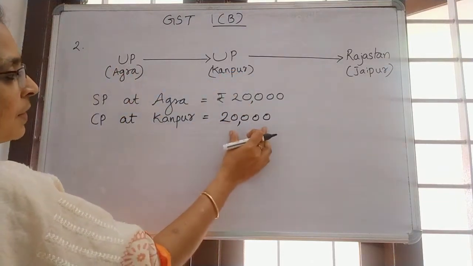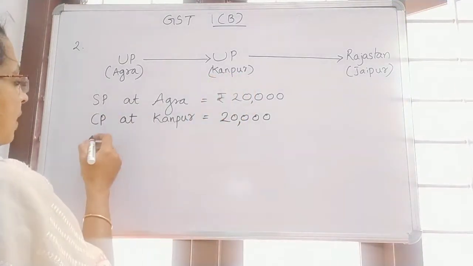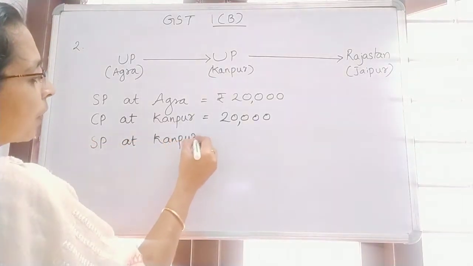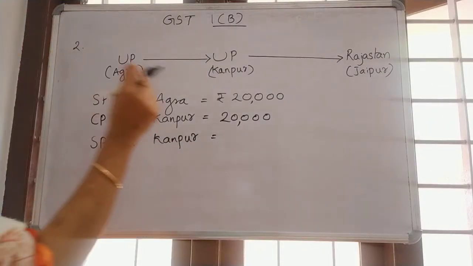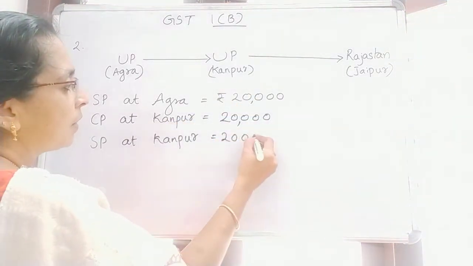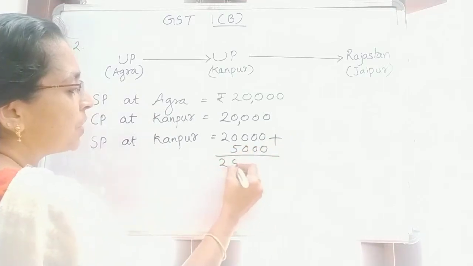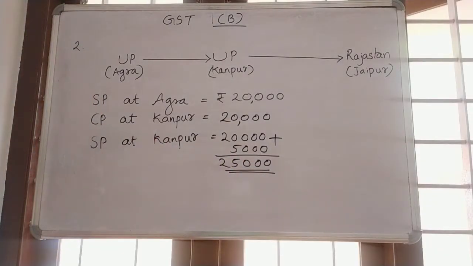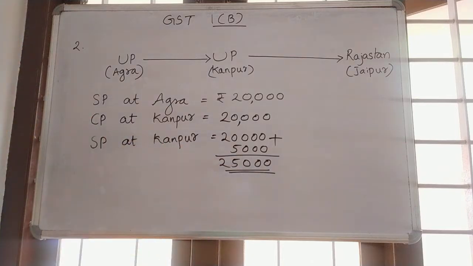The cost price at Kanpur is 20,000, with a profit of 5,000. So 20,000 plus profit 5,000 is equal to 25,000, which will be the selling price at Kanpur.